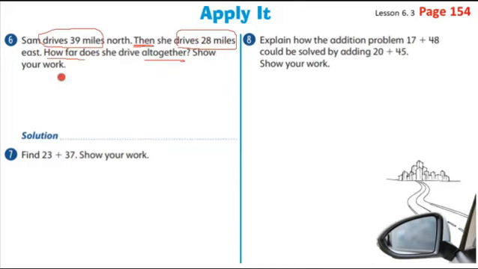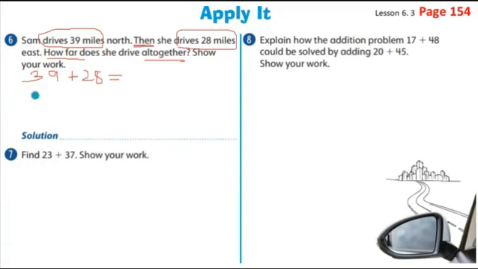Let's take a look at this. So our equation would be 39 plus 28 equals a number. Well, we can stack it up, we can make a 10. There's so many different things that we can do. For this one here, I'm going to show 10 rods and 1 units to do this.